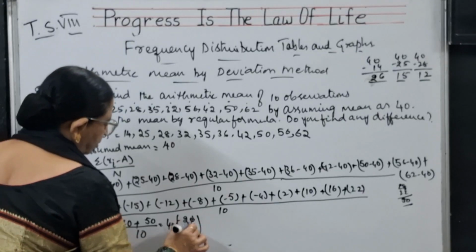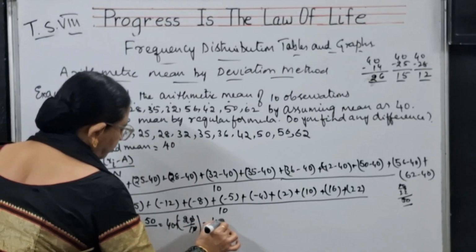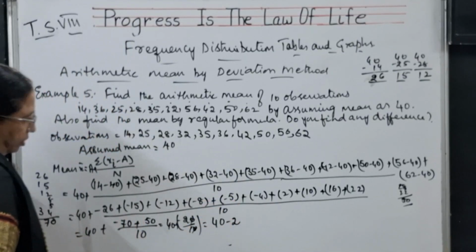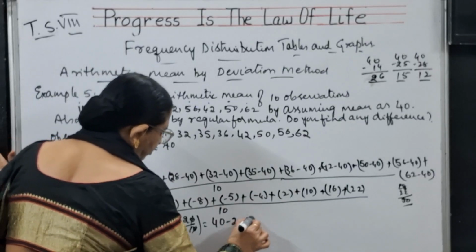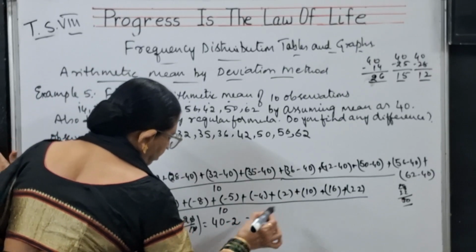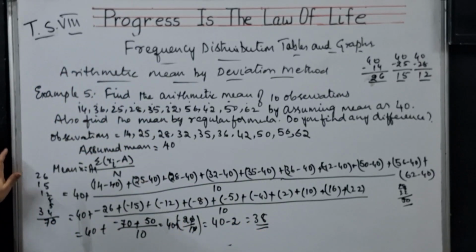This becomes 40 minus 2.2, so the mean by the deviation method is 37.8. This is how you need to calculate, children.